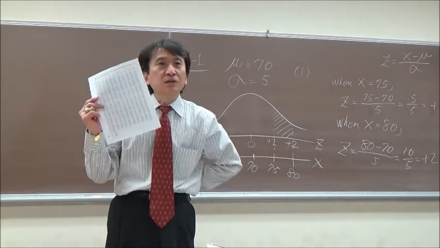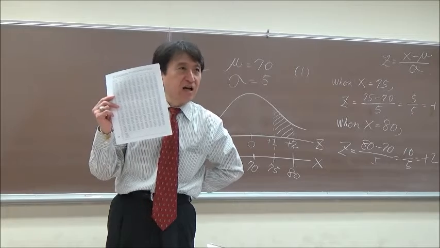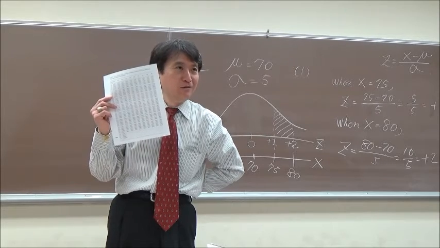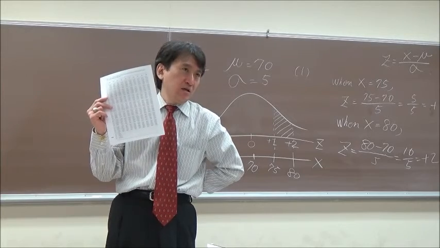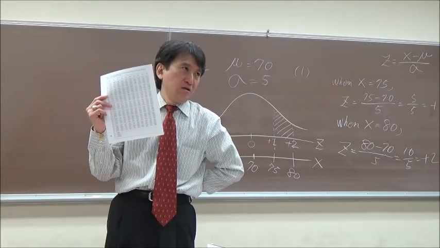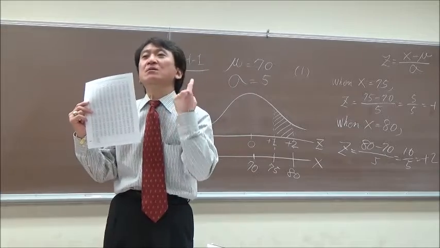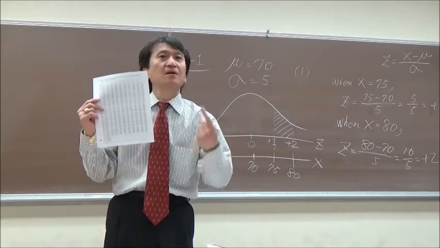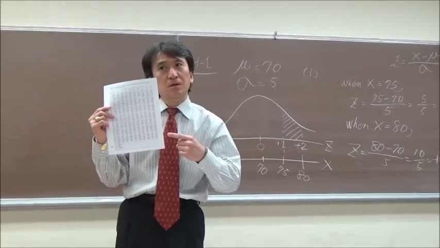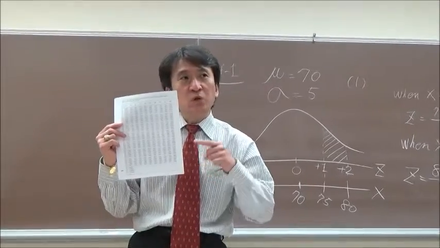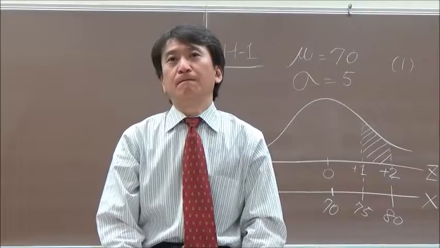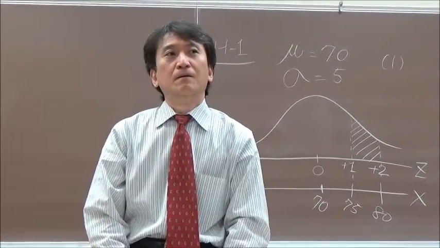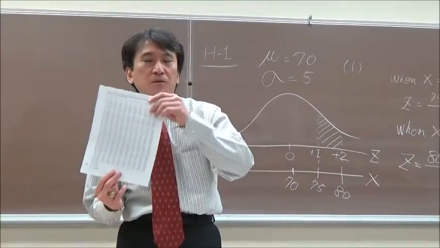We can't directly get that from this table. Why can't we get directly? Why is it impossible for us to get the probability between 1 and 2 directly from this table? Think about the nature of this table.